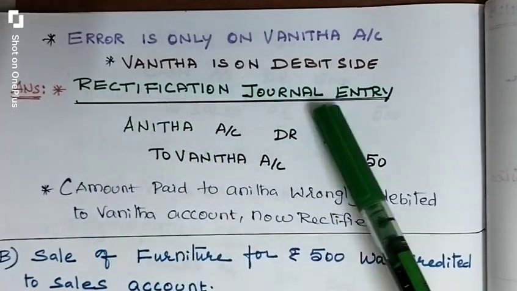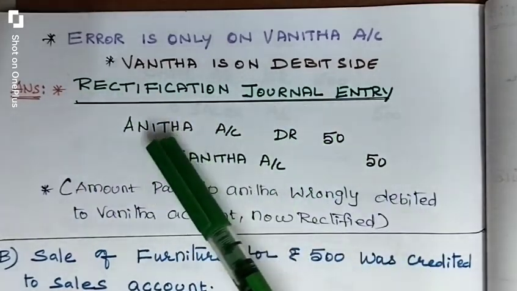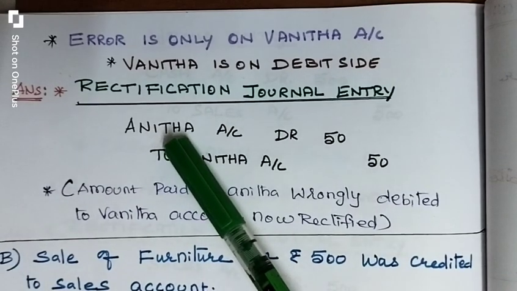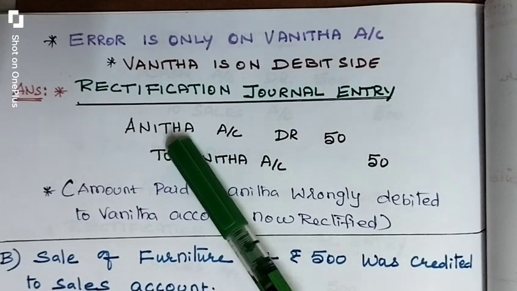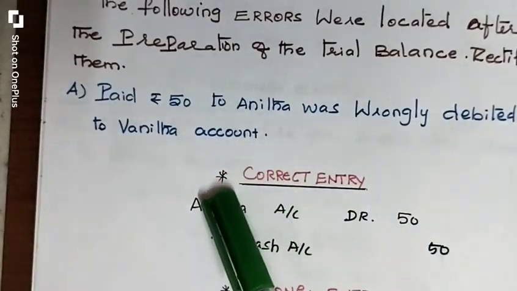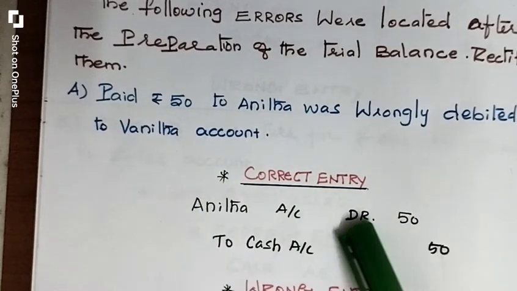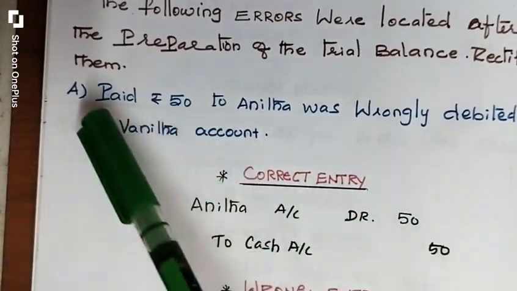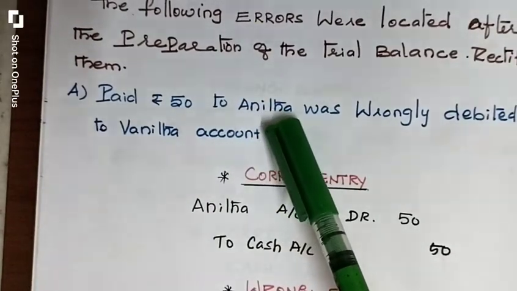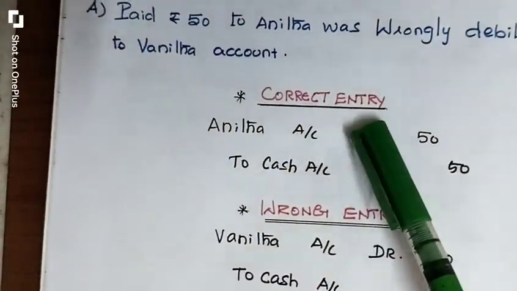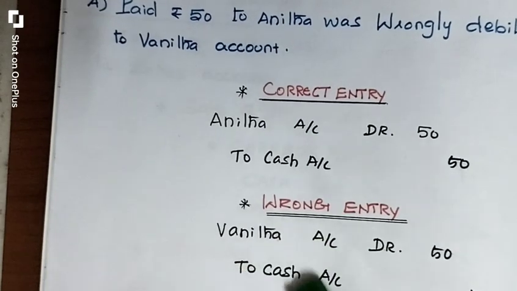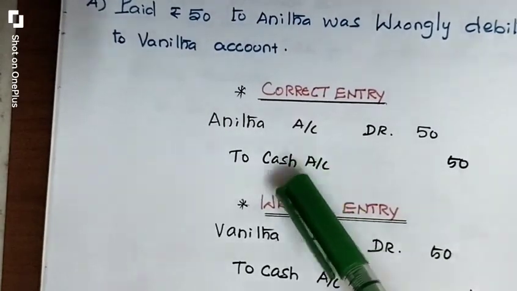For the rectification journal entry, first we need to enter the correct account on the correct side. The correct account is Anita account debit. This is the correct account because you paid 50 rupees to Anita, and Anita is the receiver. In the two journal entries, on the credit side we have the same account, cash account.